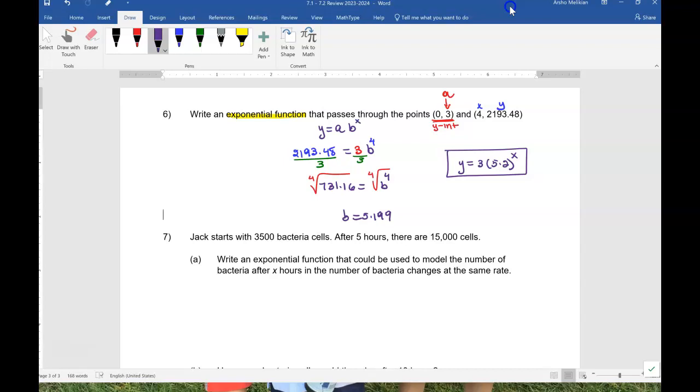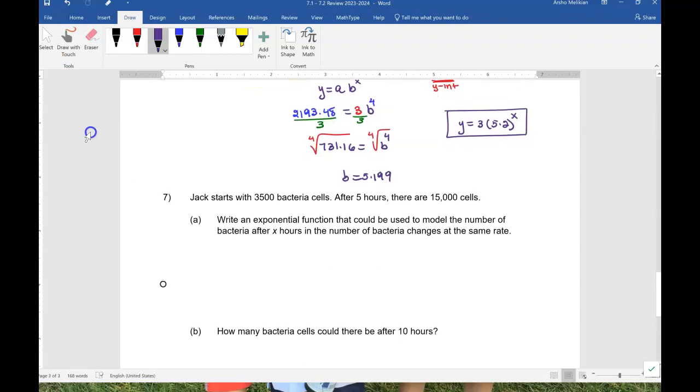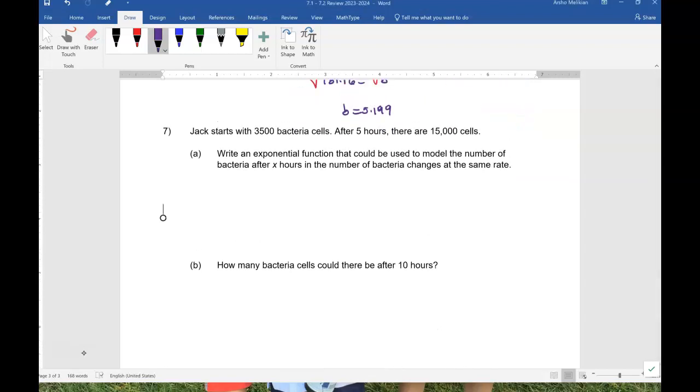Okay, so let's take a look at this one. Okay. So we start with 3,500 bacteria cells. After 5 hours, there are 15,000 cells. We want to write an exponential function that could be used to model the number of bacteria x hours if the number of bacteria changes at the same rate.